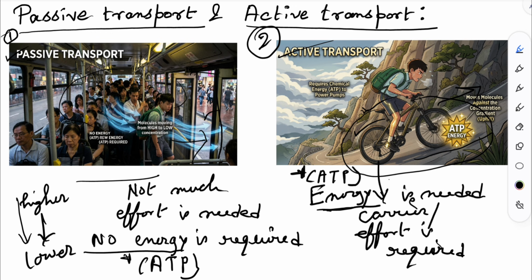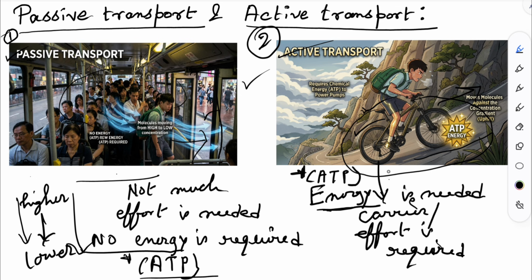In passive transport, energy or ATP molecules are not needed, and it moves along the concentration gradient, from higher concentration to lower concentration. In contrast, in active transport, first of all a carrier, a protein channel, is required.